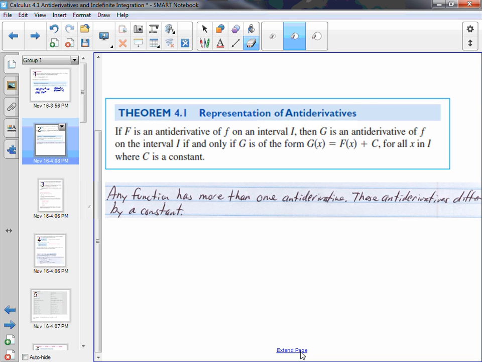Now, that's a very mathy way of saying that any function has more than one antiderivative, and these antiderivatives differ by a constant.